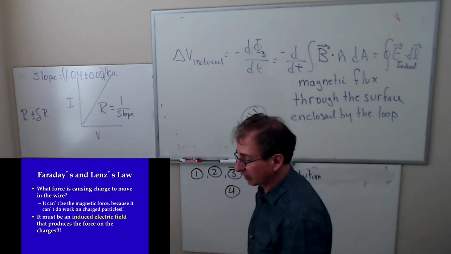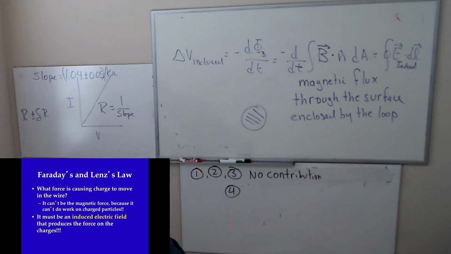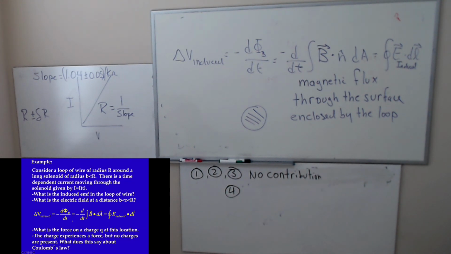It's a non-conservative field, because when we learn from Kirchhoff's laws, the integral of the electric field around a closed loop is 0. That's not the case here. So the induced EMF can be written as an integral of the electric field around the loop.